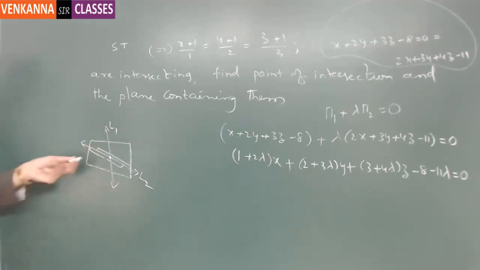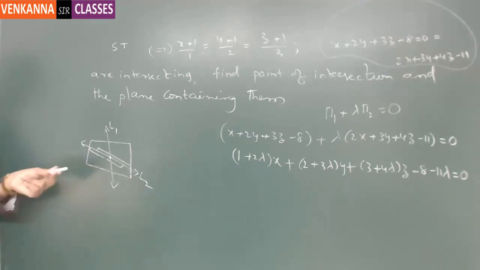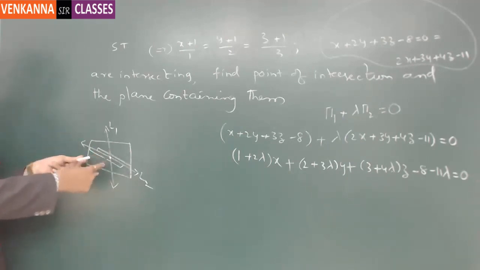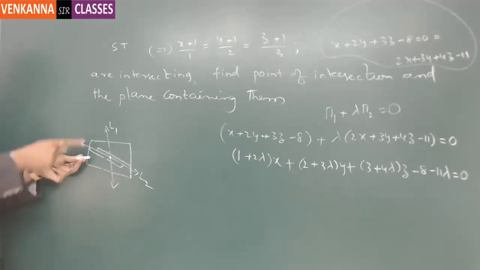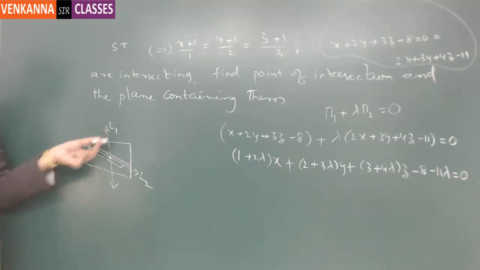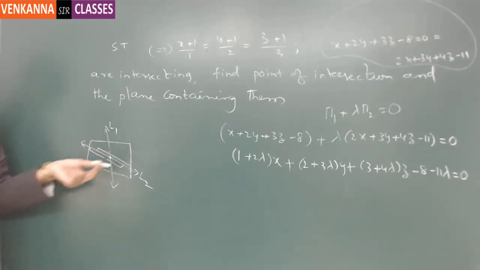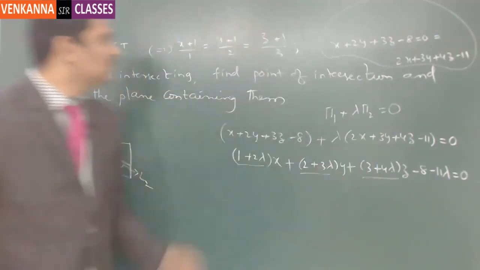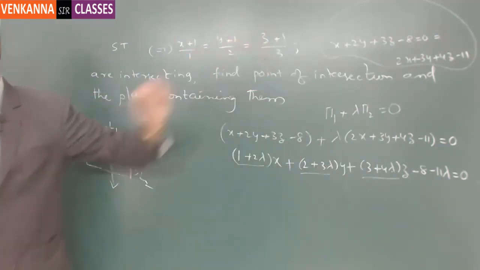If you consider the normal to the plane, it is perpendicular to both the lines which are on that plane. So this normal is perpendicular to the first line, hence we can apply the perpendicularity formula for the drs of line 1 and the normal. These are the drs of the normal, and 1, 2, 3 are the drs of line 1.